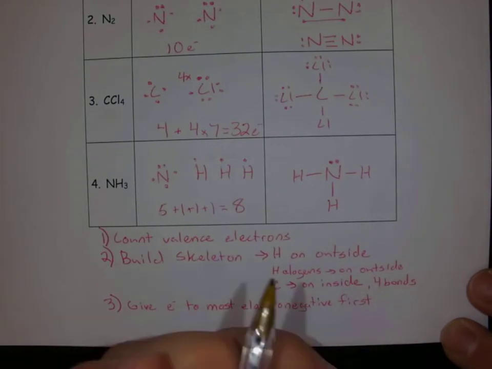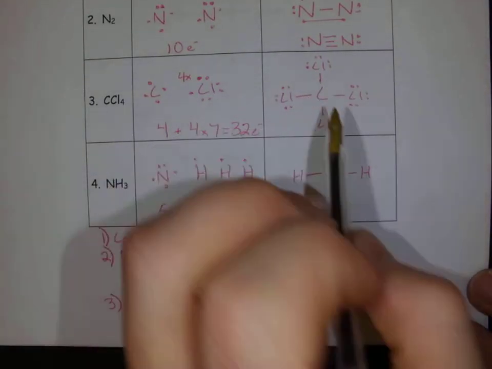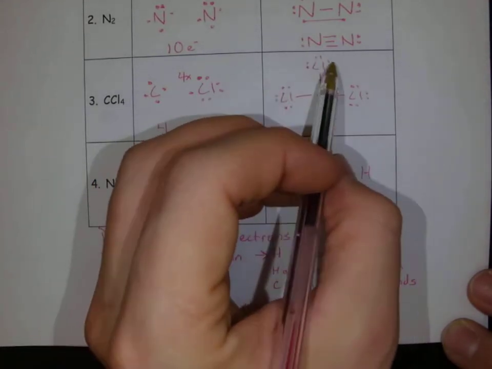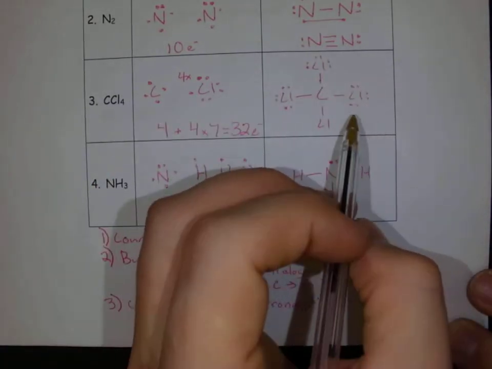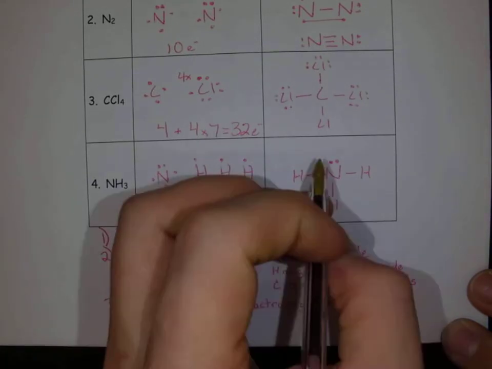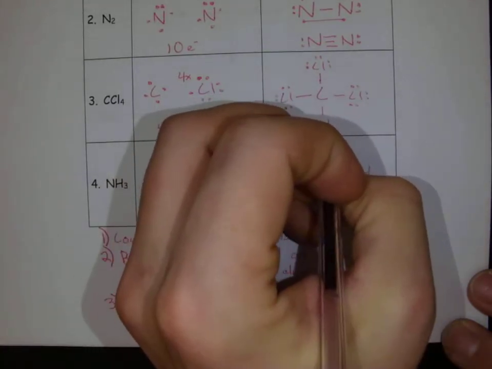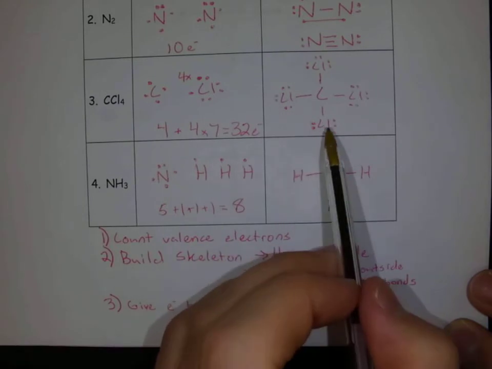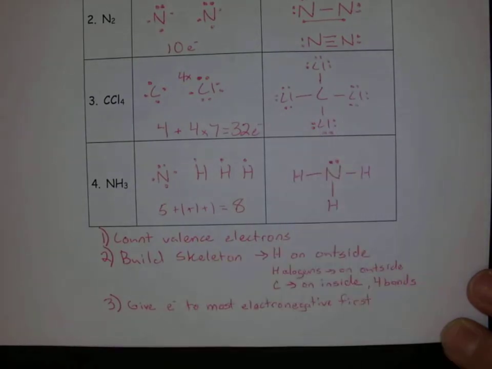Let's count how many electrons I have left. 2, 4, 6, 8 in the bonds. 10, 12, 14, 16, 18, 20, 22, 24, 26. I've got 6 electrons left. That's perfect for this last chlorine to have 6 electrons in the lone pairs and 2 more in that bond.